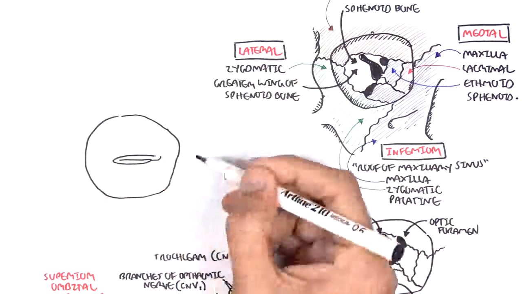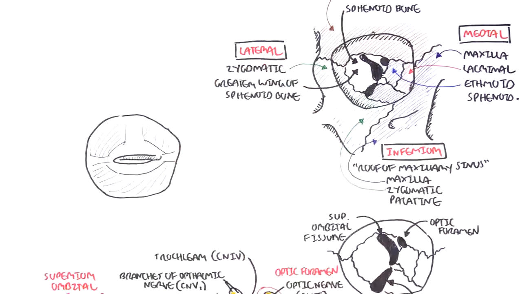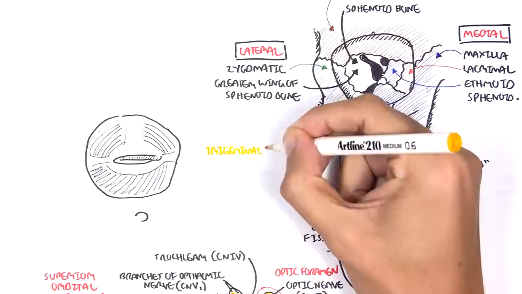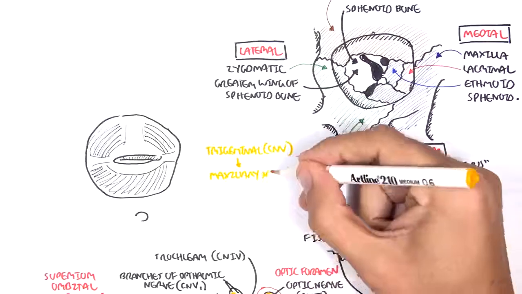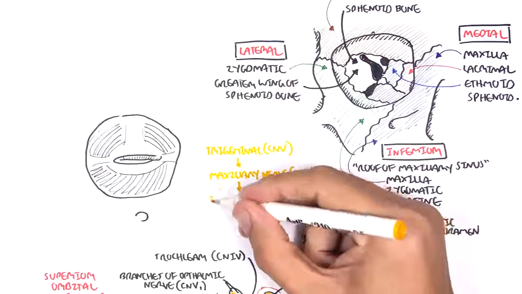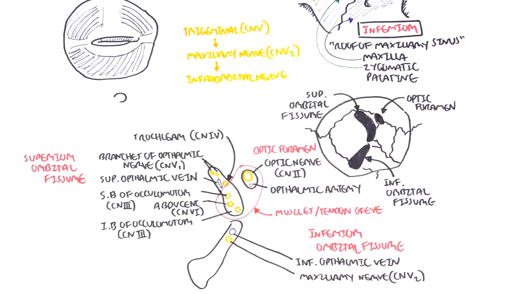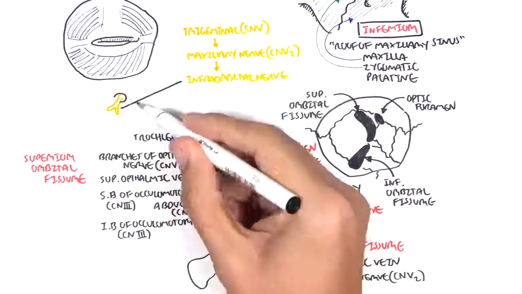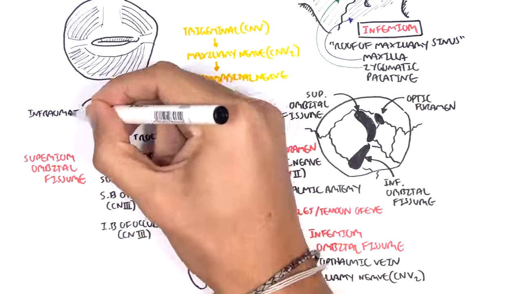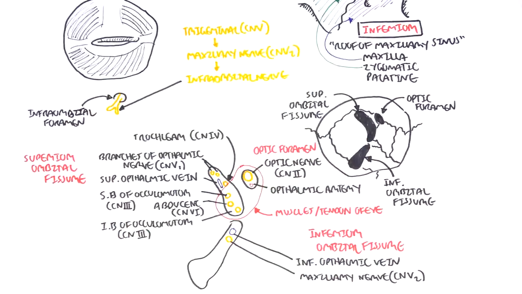Now let us look at the eyelid when we blink. The eyelid is surrounded by muscles. It's composed of muscles. These muscles are innervated by nerves. So the trigeminal nerve, cranial nerve 5, gives off the maxillary nerve branch, which is the V2, which has another branch called the infraorbital nerve. The infraorbital nerve goes through the infraorbital foramen.